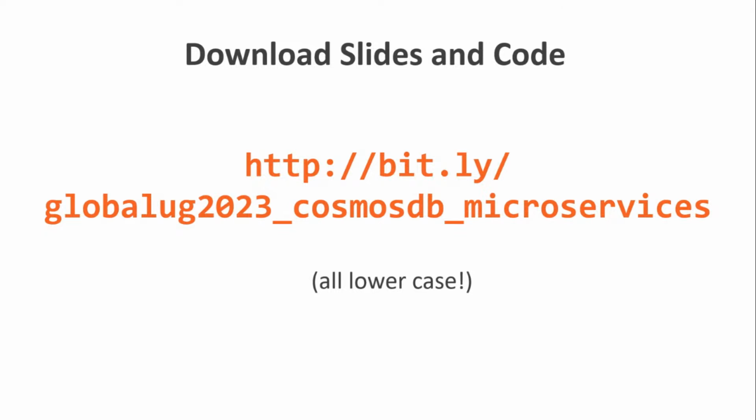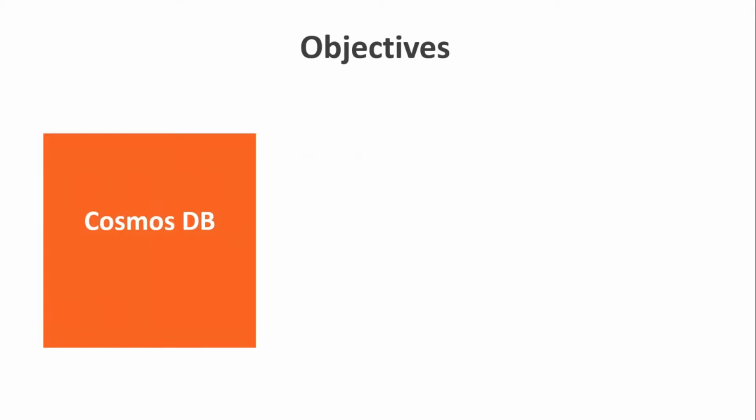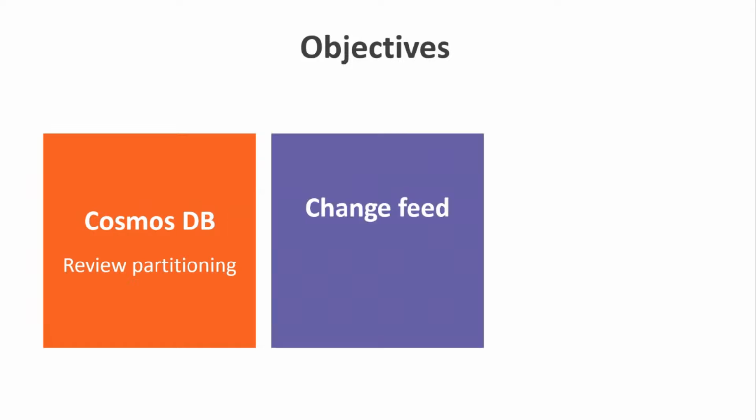Let's talk about the objectives today. So this is a bit of an advanced session, but fear not if you're new to Cosmos DB. I imagine many of you are familiar, but many may not be. So, for the benefit of those that are really new to Cosmos DB, we will at least discuss partitioning at a fundamental level, because it's really difficult to get into any kind of serious conversation about Cosmos DB without discussing partitioning.